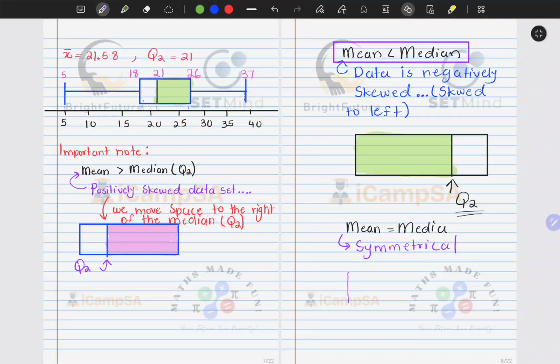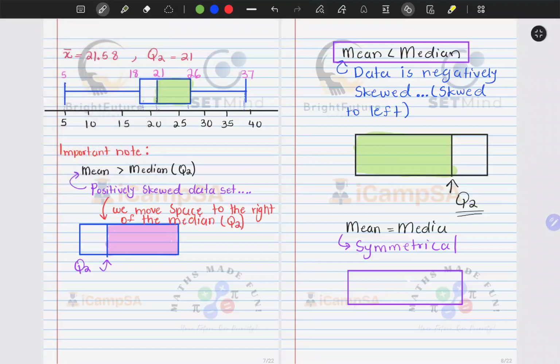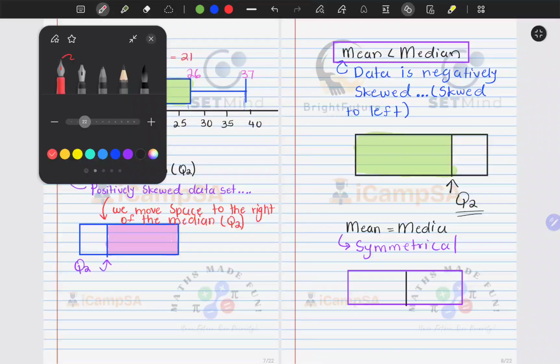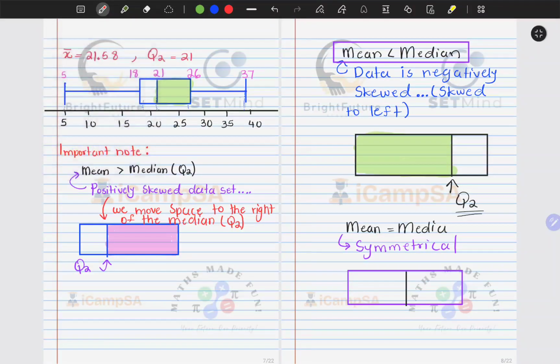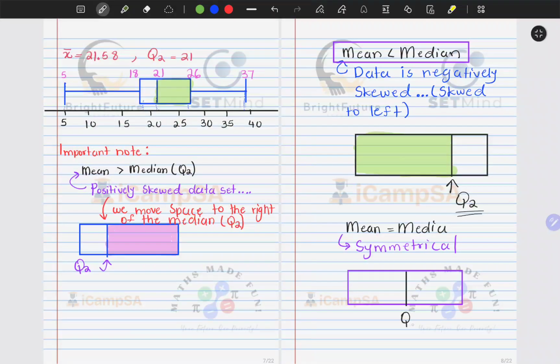If you draw your box and you calculate your mean and your median to be equal, we will be split exactly in the middle. So the distance to the left will be the same as the distance to the right. Remember here, you have Q2, Q3 and Q1.